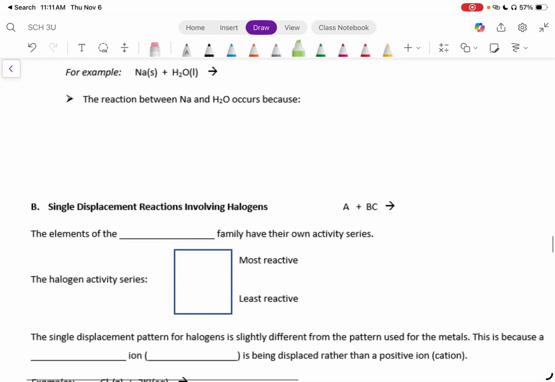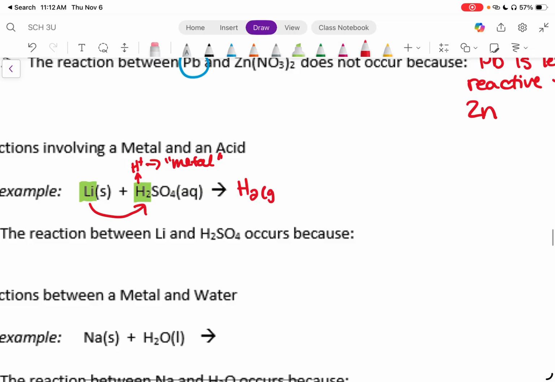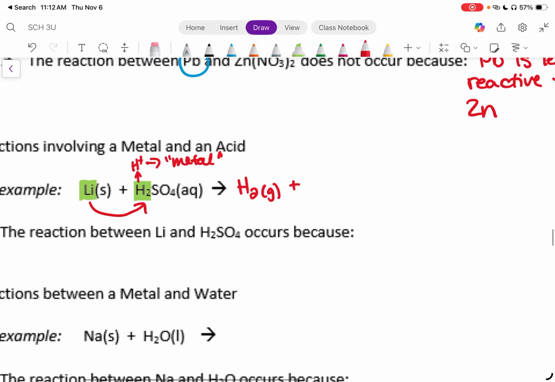So once I know that the reaction will occur, I'm going to put those together. So now I know that the lithium's going to come in and replace this, and my hydrogen is going to be on its own. So hydrogen, remember, is a diatomic molecule, a Hoover-Finkel molecule, so I have to put the 2 there. It is H2, which is hydrogen gas, plus now I have lithium, which has a 1+ charge, and I have my sulfate, which has a 2 minus charge.